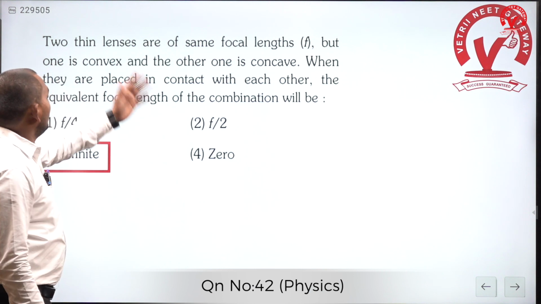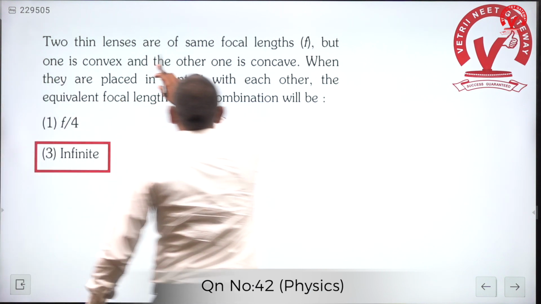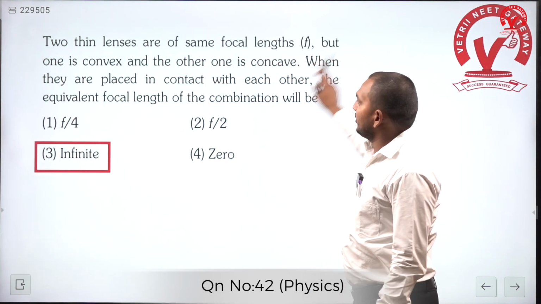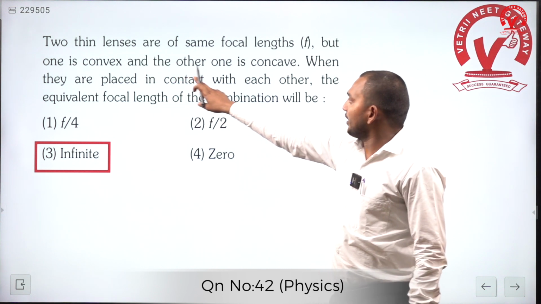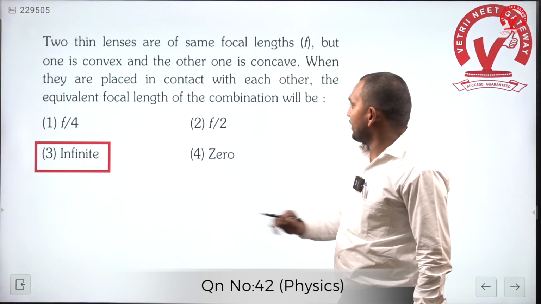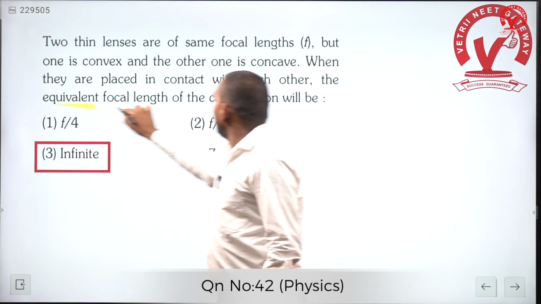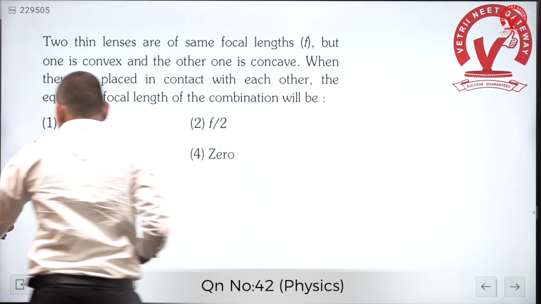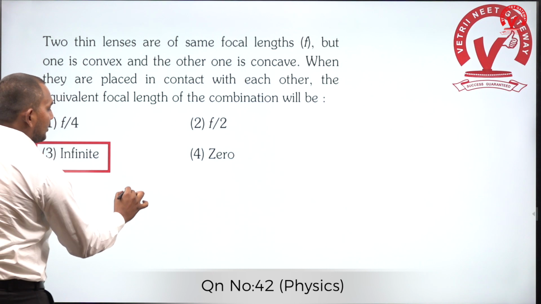Next, two thin lenses of the same focal length f, but one is convex, another one is concave. They are asking to find out the equivalent focal length.